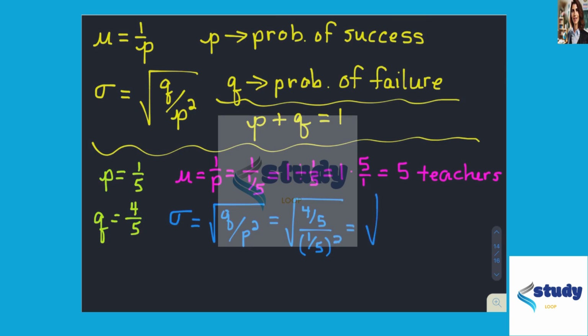And I like to clean up a little bit, so I'd have 4/5 divided by 1/25 when you square 1/5, which is the same thing as saying the square root of 4/5 divided by 1/25. And when you divide fractions, it's the same thing as multiplying by the reciprocal.